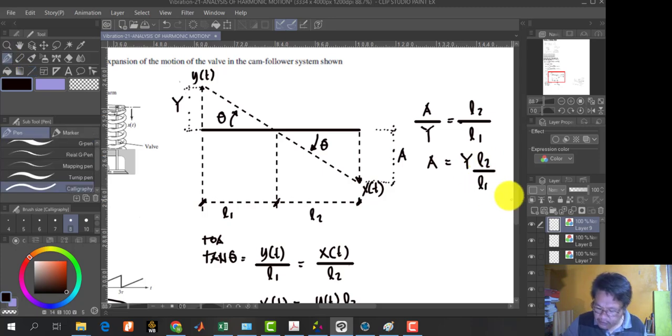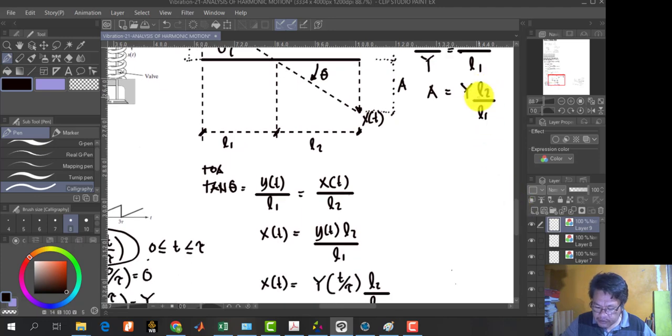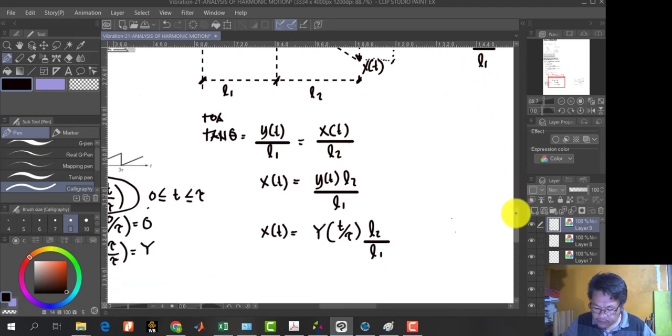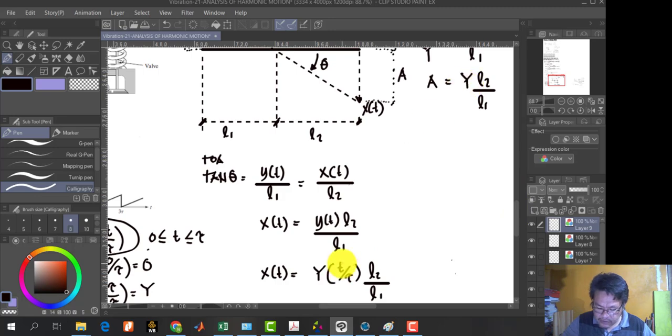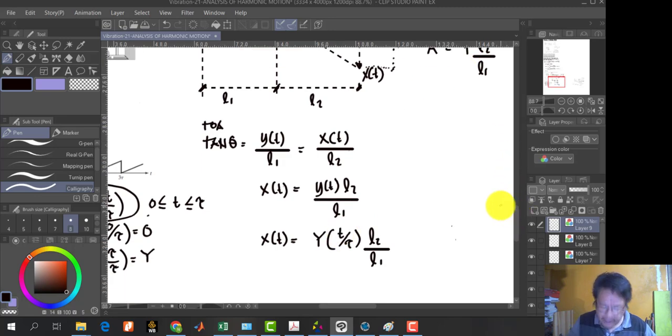That will be the value of my amplitude, or the height of this side of the motion of the bulb. Furthermore, we can substitute this into this equation to represent x as a function of time.